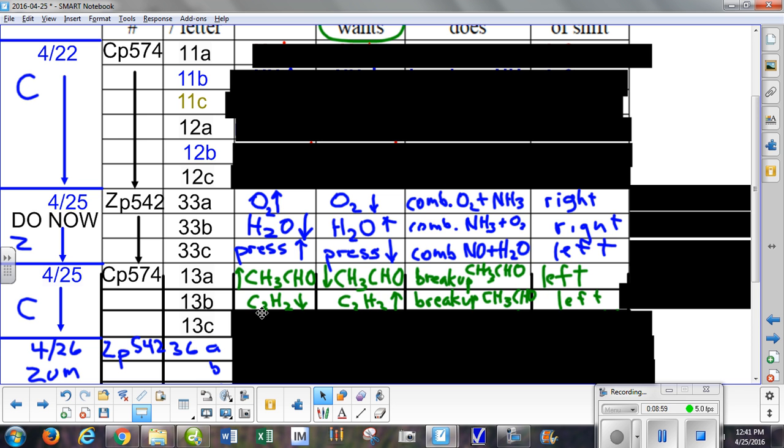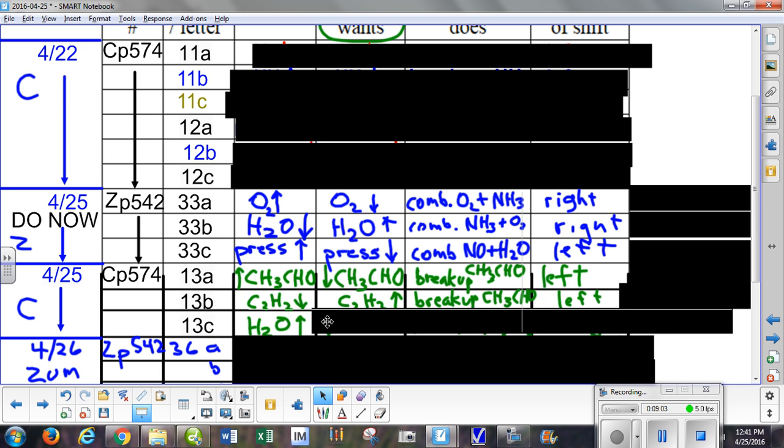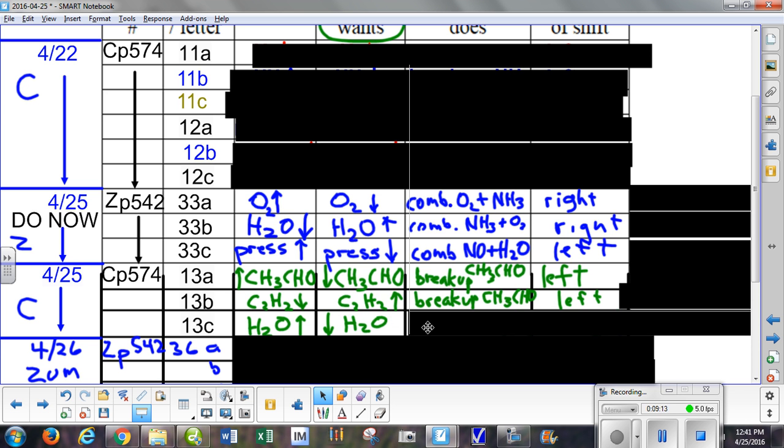And in C, an increase in the amount of water. Oh, okay, so water's up. Now, which side of the equation is the water on? It's on the left. So we want to get it down, and we will do that by combining ethene and water. And so the ethene and water are coming together. That causes a shift to the right.